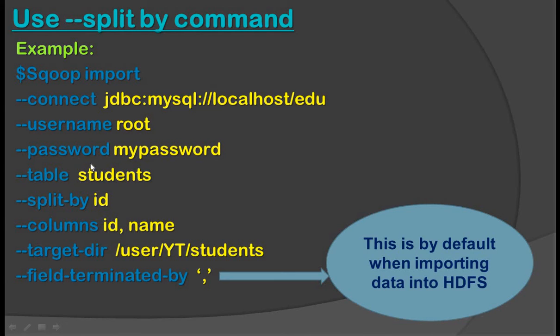It means we are going to import this table, --split-by the column. Now we are saying to Sqoop, hey Sqoop, please split this table data based on this id, meaning distribute data amongst mappers based on this id for processing the data of this student table to this target directory. So we are saying to Sqoop, hey Sqoop, please split this data based on this id.